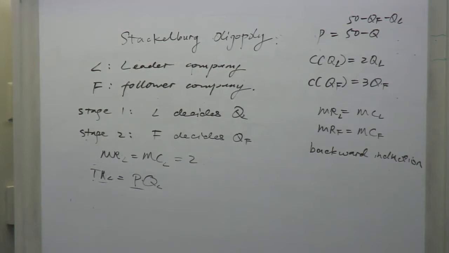I put this on the outside. 15 minus... Pretty much. It's close to what I have, put this here and put this here. Okay. Now 47 minus QL equals QF. I started from here.